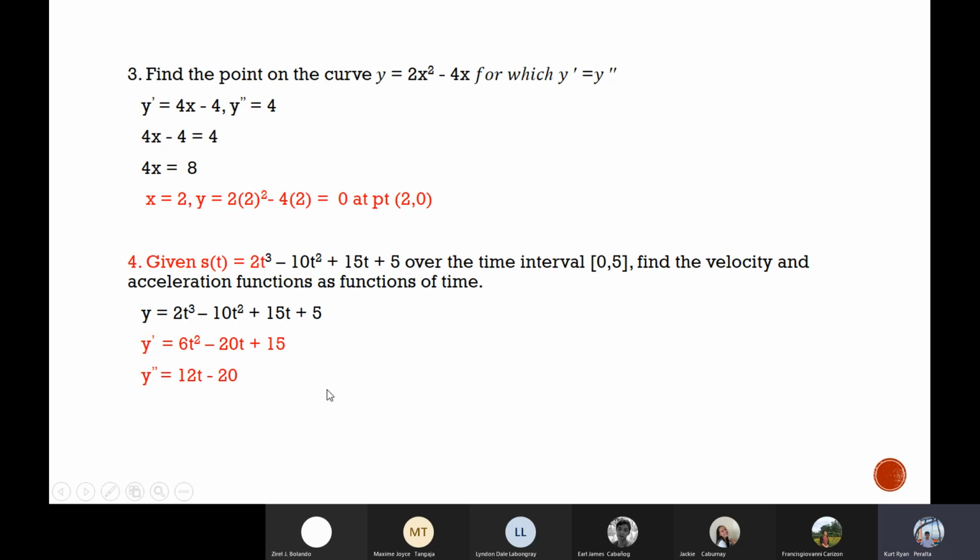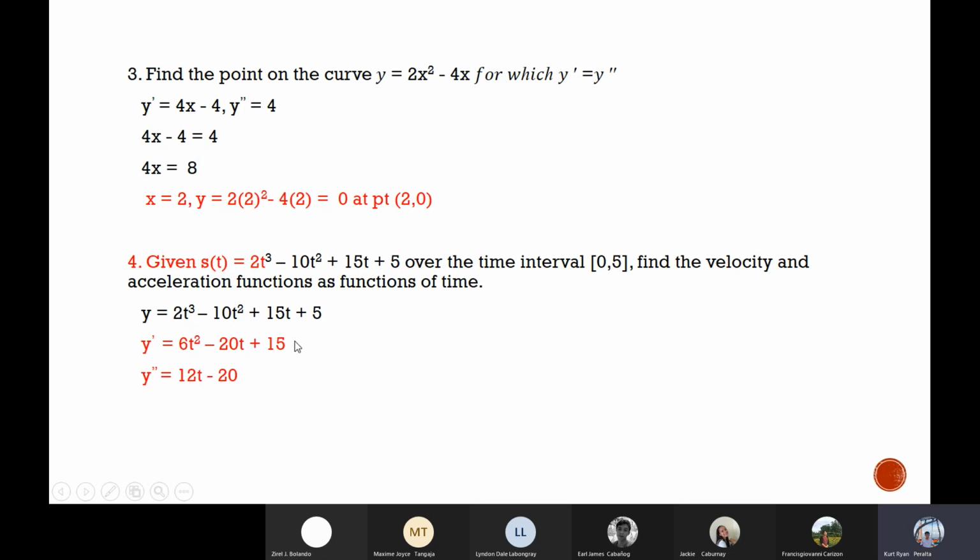So this is the velocity. And we also have to find the acceleration. The acceleration is the rate of change of the velocity, so it is just the derivative of the velocity.